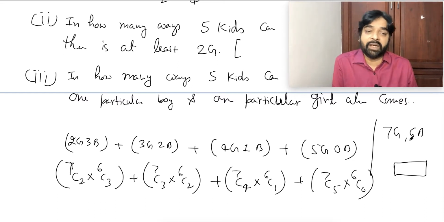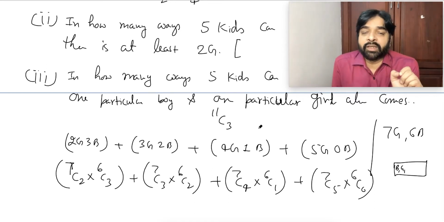Let's say B1 and G1 always come. So B1 and G1 go and wait there. Now 3 more are required. From the balance, 2 are already gone, so 11 are left. So I will say 11C3. So the answer will be 11C3.